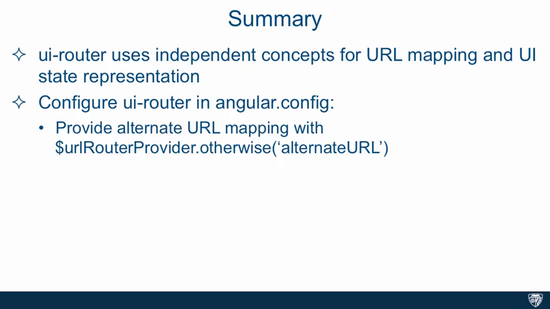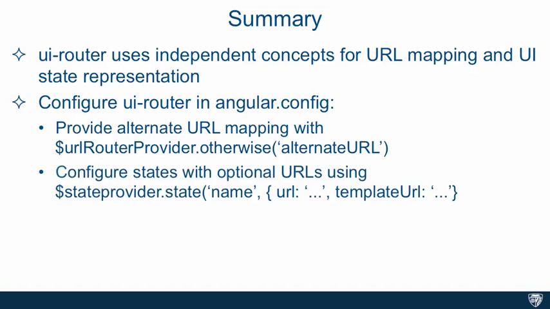That's in case the URL is garbled or the user typed in the wrong URL. This rule will kick in and forward the browser to the correct URL that actually does exist within your system. The second way is you configure states with optional URLs, but usually you do use them, using the stateProvider.state method.